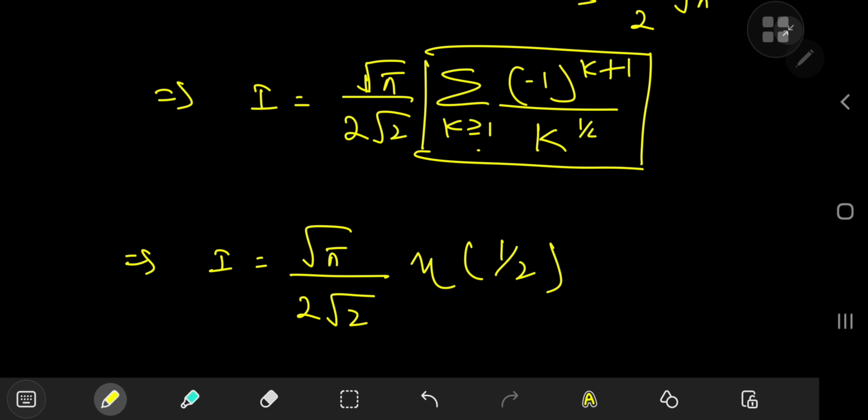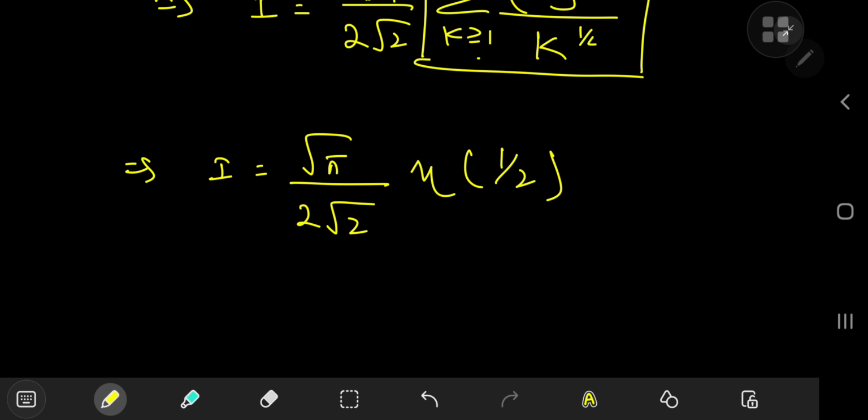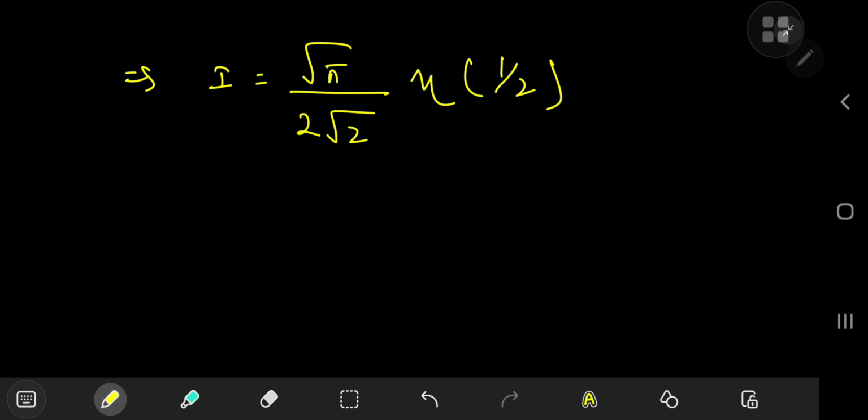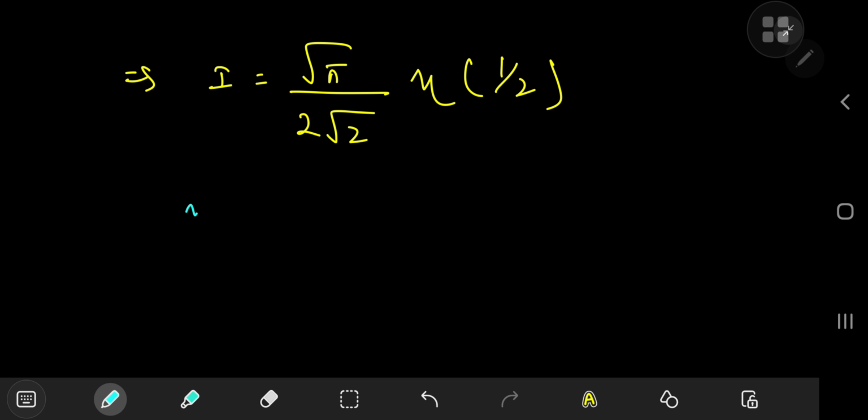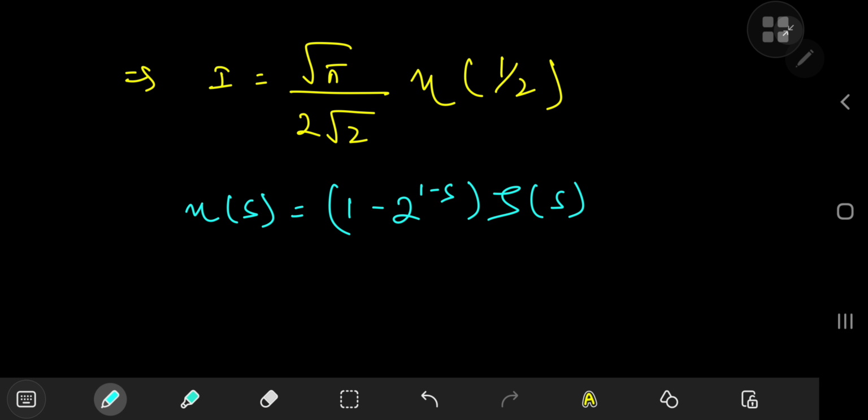It's a really wonderful sight to look at, but perhaps you can improve on it by using the Riemann zeta function, as there is this beautiful relationship between the Dirichlet eta function and the Riemann zeta function: eta of s is equal to 1 minus 2 to the 1 minus s times the Riemann zeta function at s.